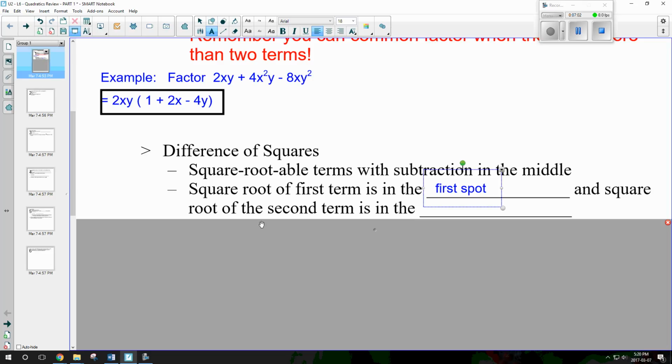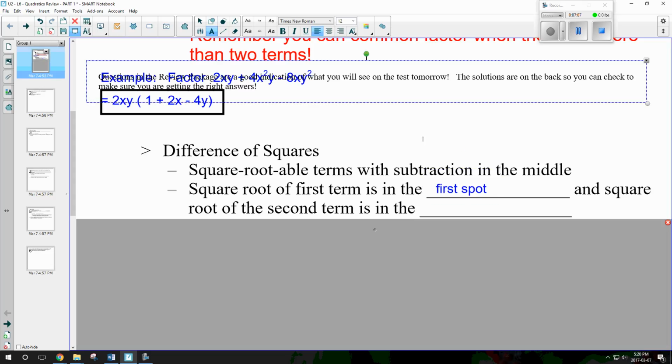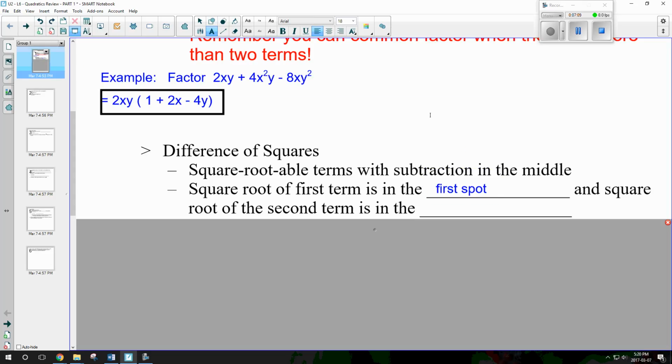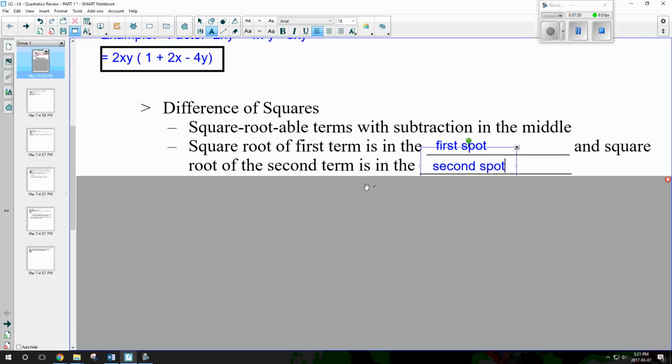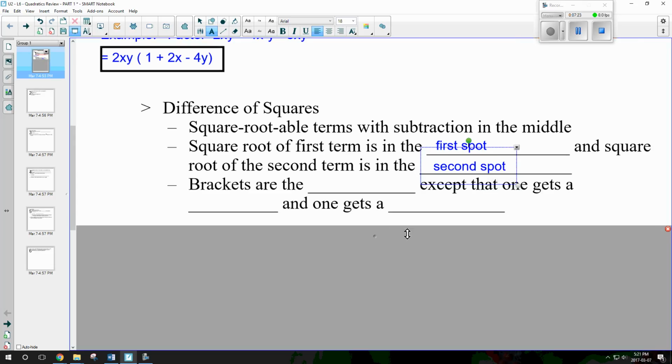And then the square root of the second term, it goes in our second spot in our brackets. And then remember, the brackets are the same, except that one gets a plus, and one gets a minus.